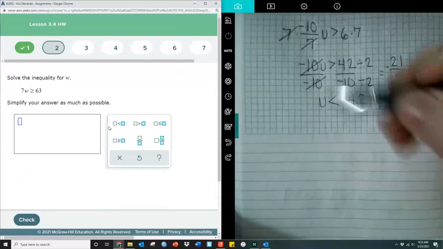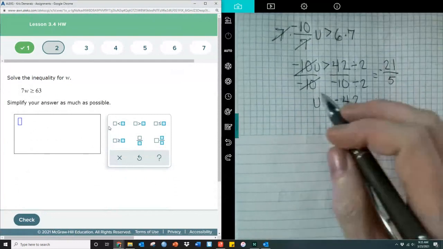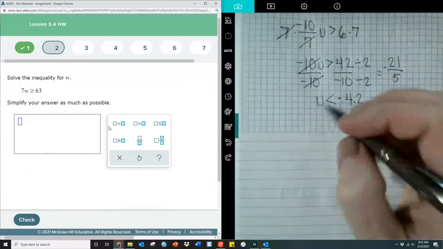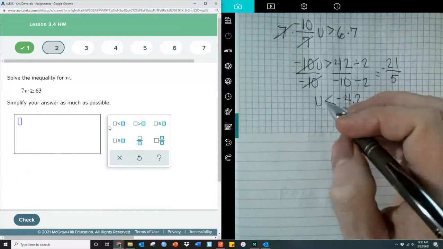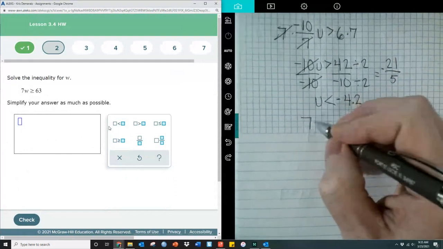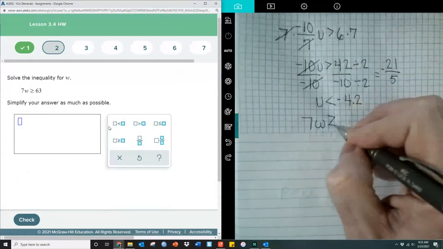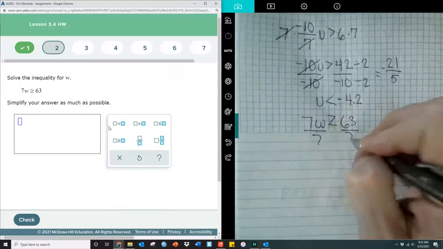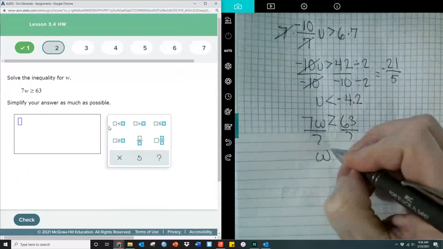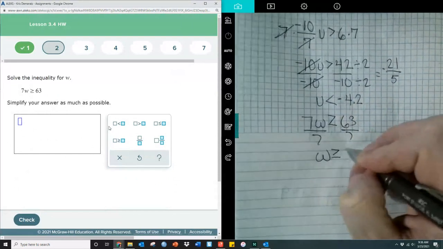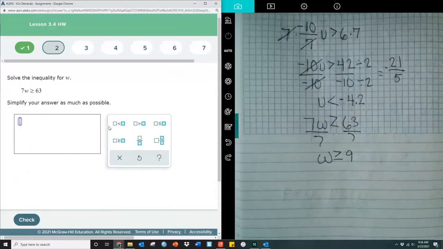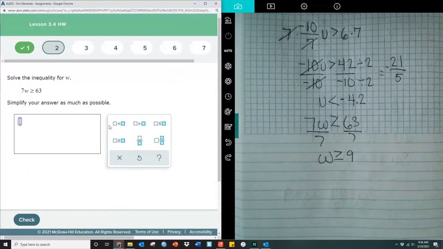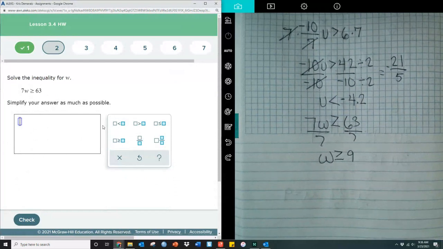So it's a concept of making sure to remember to switch the inequality symbol when you're dividing or multiplying by negatives. In this case, all you're doing is dividing both sides by 7, and that gives us the value of 9. Really, it's a simple process you can complete rather quickly.